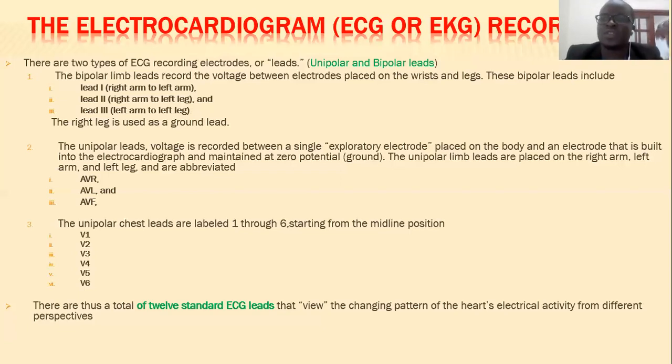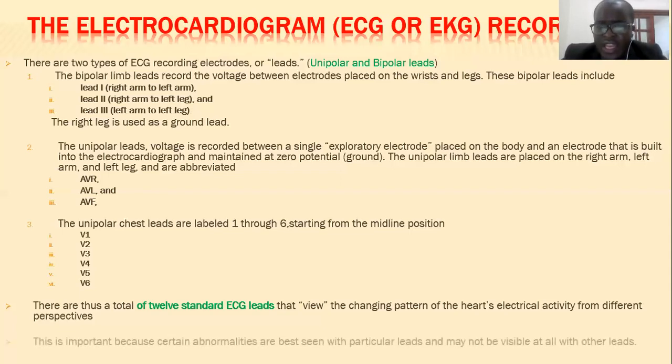Other textbooks give you C1 to C6. They are also unipolar, so you have 1 reference point, then the machine will create an imaginary lead, which will be used as a negative lead, and then you'll be able to appreciate the electrical activities of the heart. So these are the 12 leads.